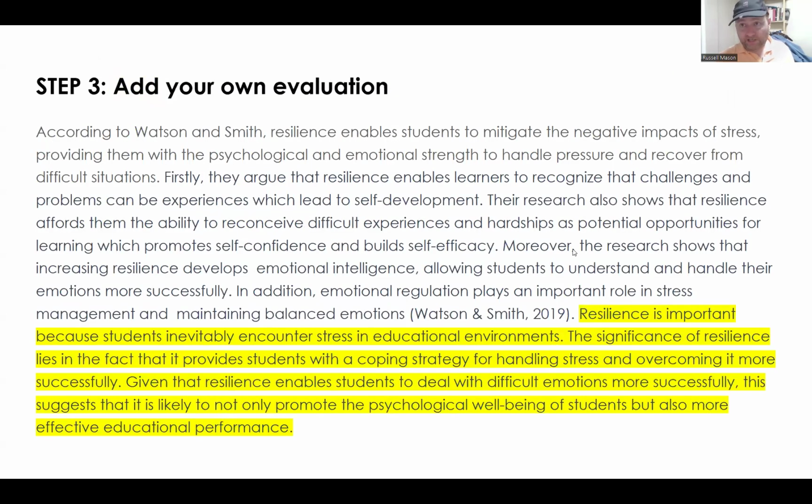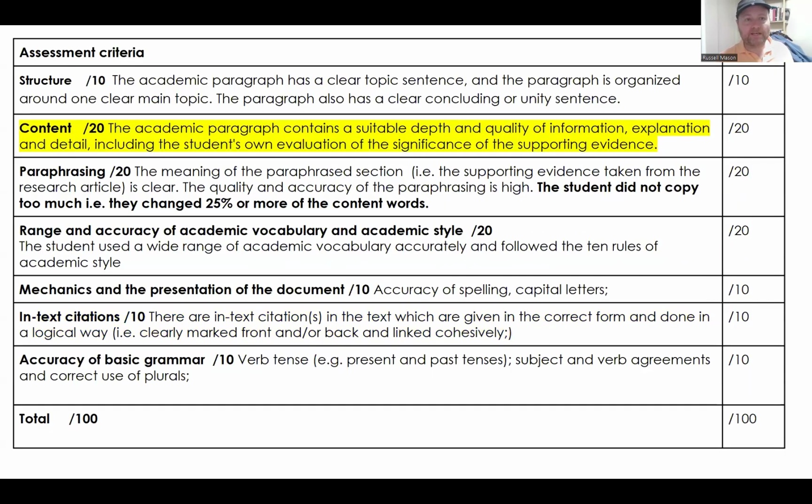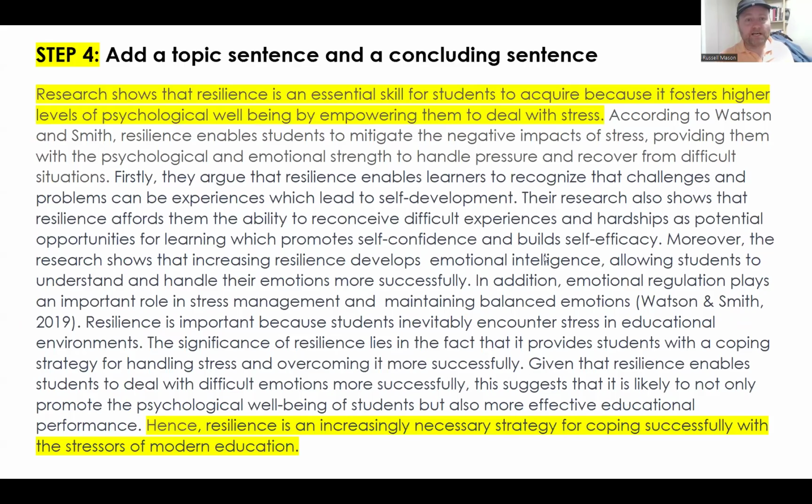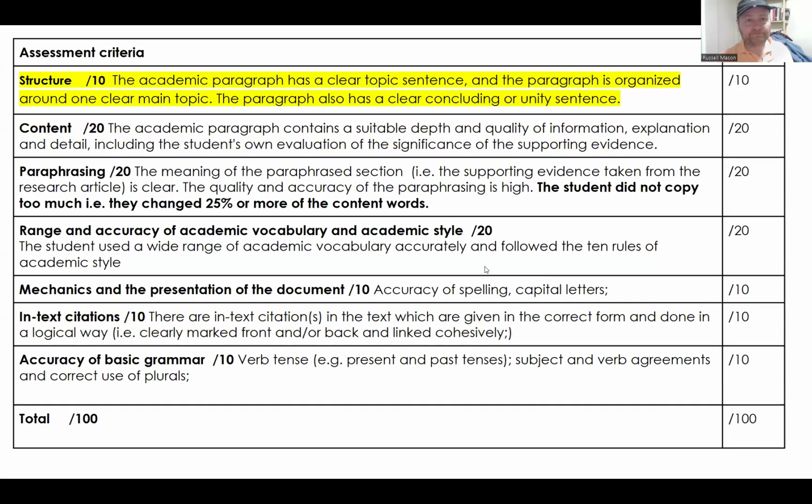Then you will add the evaluation of the significance. This will be explained next week. That will be under content in the rubric. And then the topic and unity sentences, or topic and concluding sentences, will be the final thing that you need to do in step 4 to complete your paragraph. This will also be explained next week. That will be under structure.